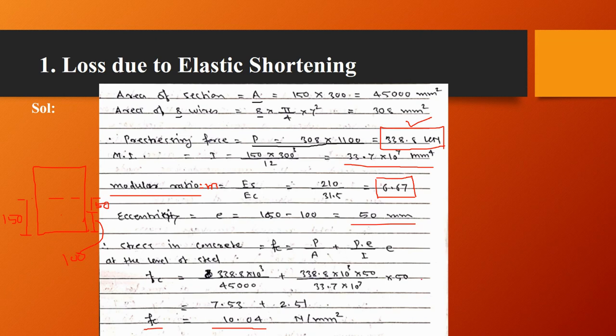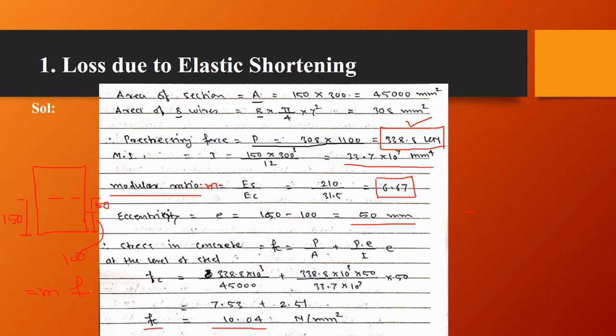Now we'll move towards finding the percentage loss. For that we have just derived one equation: the loss of pre-stress due to elastic shortening of concrete will be equal to m into fc.